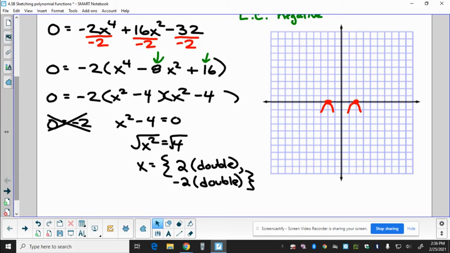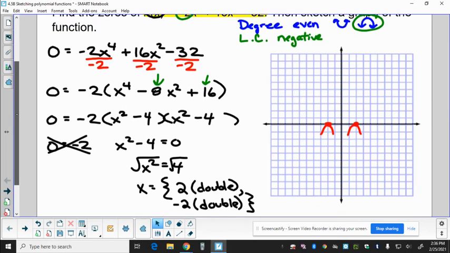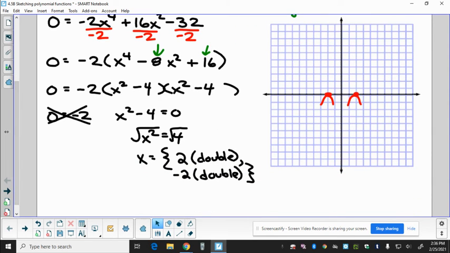Associate that with x squared. The other thing we know by studying end behavior, since the leading coefficient is negative and it's an even degree, is that the end behavior is going downwards in both directions. Now all we have to do is make the sketch.